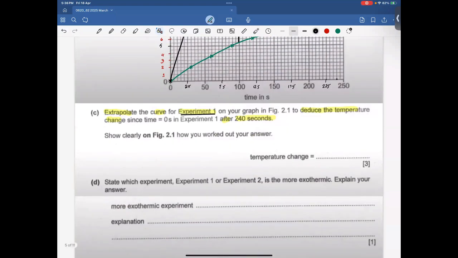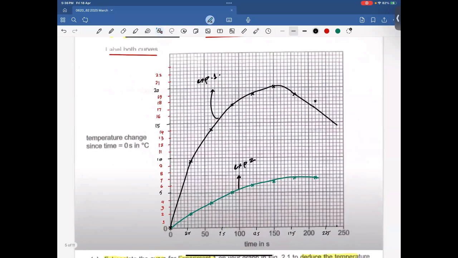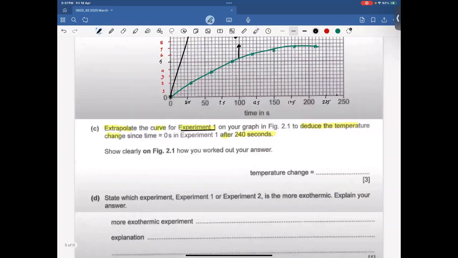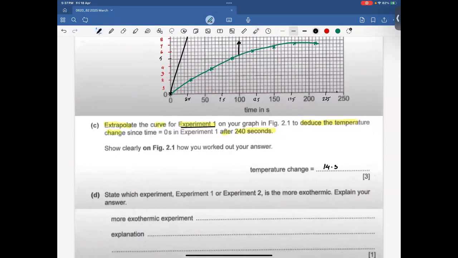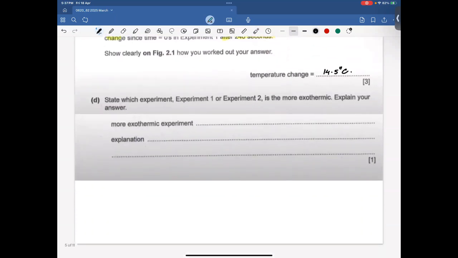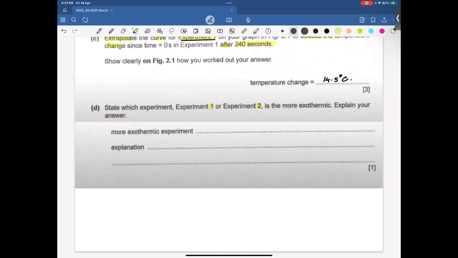Temperature change. So what I will do is look at the temperature change from here. It is going to be 14.5 degrees Celsius. State which experiment, 1 or 2, is more exothermic. Explain your answer. Experiment 1 is more exothermic.